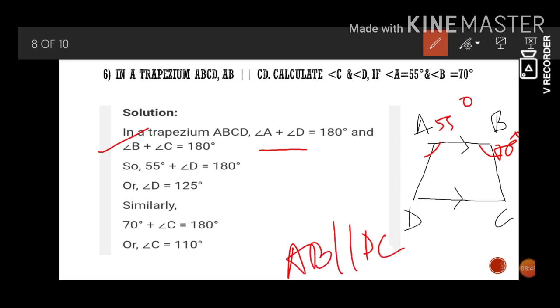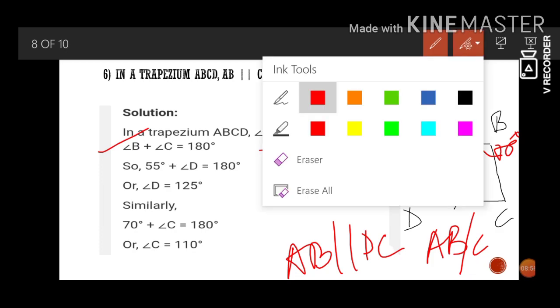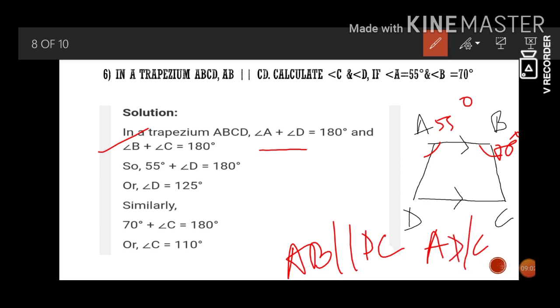AB is parallel to DC, and AD is a transversal in one case, and in another case BC or CB is the transversal. So for A plus D it is AD as a transversal, for B plus C it is BC as a transversal.